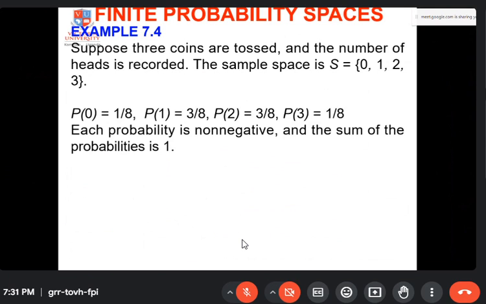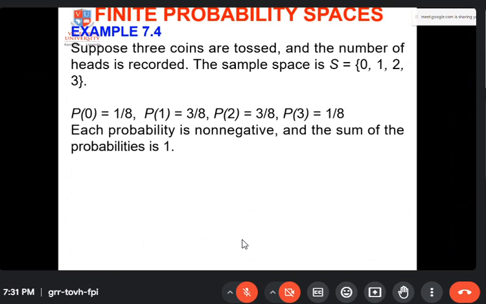Possibilities where we have 1 head, they are 3. Okay, so what are they? We have head, tail, tail; tail, tail, head; then tail, head, tail. Very good. So that is 3 out of 8. So the probability of getting one head is 3 out of 8.